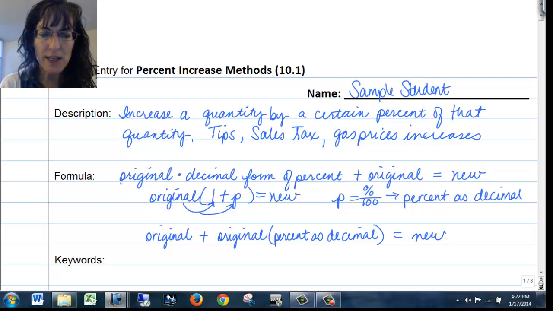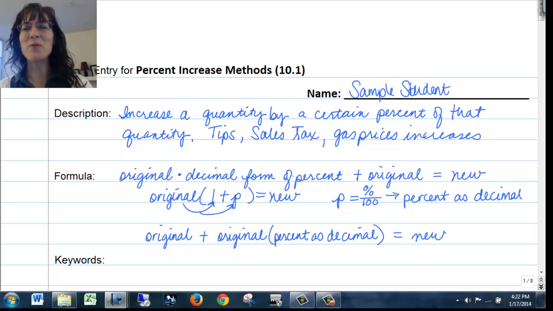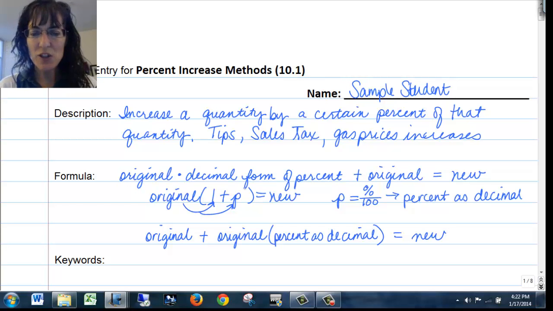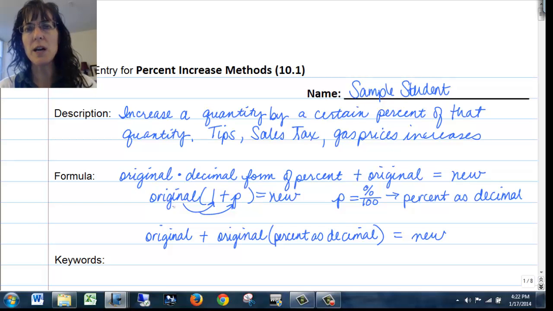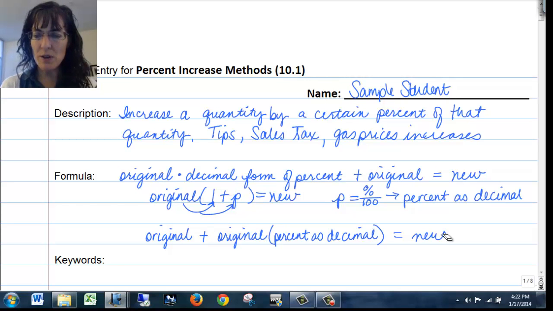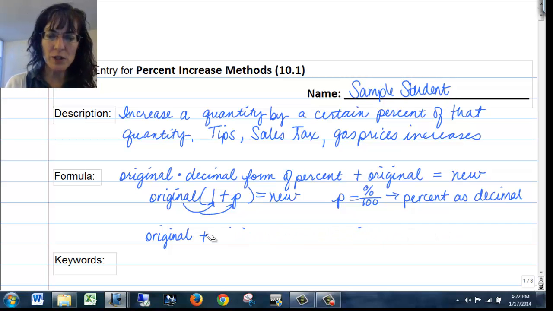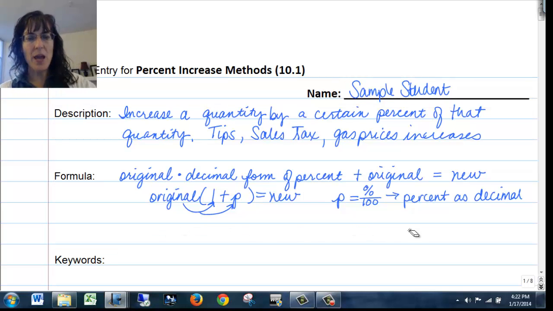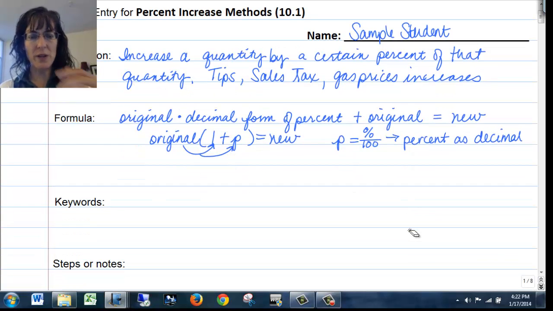Now you can see that's the same thing as we have been doing. It's just in a slightly simpler form, and you only have original in there one time, so that if you're trying to find the original price, you can use this formula as well. So I'm going to erase this part because I just wanted you to see that it's the same thing that we have been doing. And then let's move down a little bit.